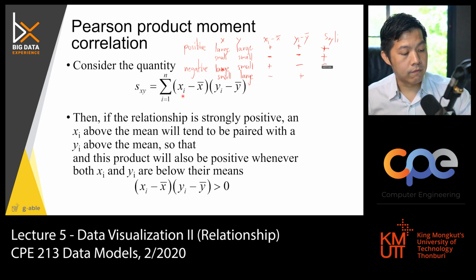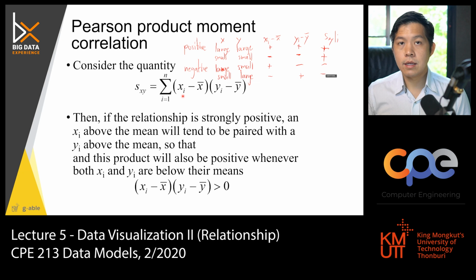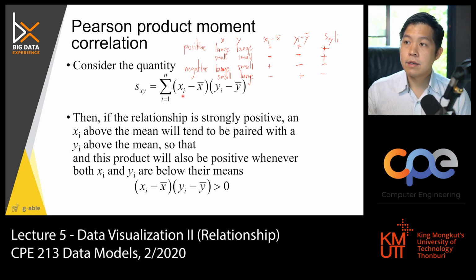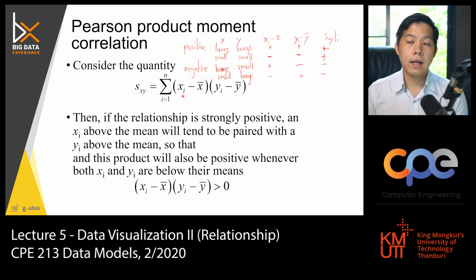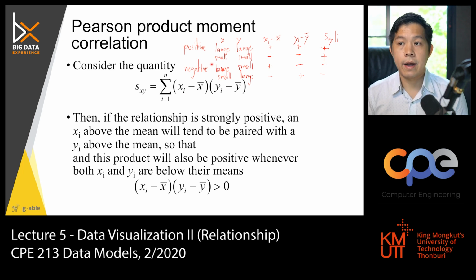Multiply them, you get negative values. That means if your data exhibit a negative relationship between x and y, each term of the multiplication would tend toward negative values. Once you sum them all, this value will indicate whether the data have a tendency toward a positive relationship, a negative relationship, or no relationship. No relationship can occur if you have positive mixed with negative, and there is no relationship between them.